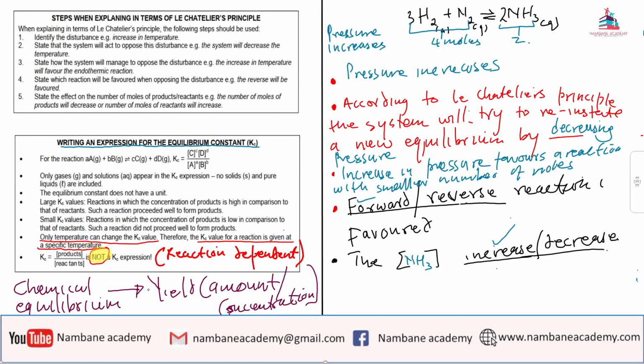So let's go back to this value that says Kc expression greater than 1, that is now bigger. If Kc is greater than 1, it basically says the reaction in which concentration of the products is high. So we basically say concentration of products is greater than concentration of the reactants.